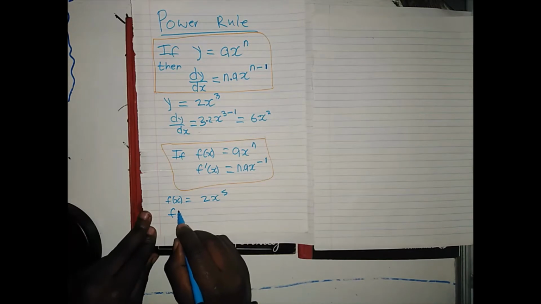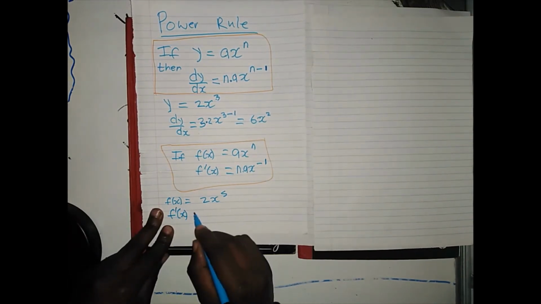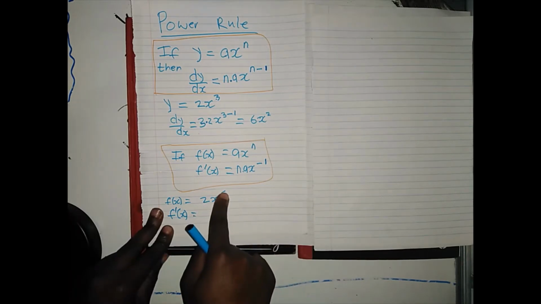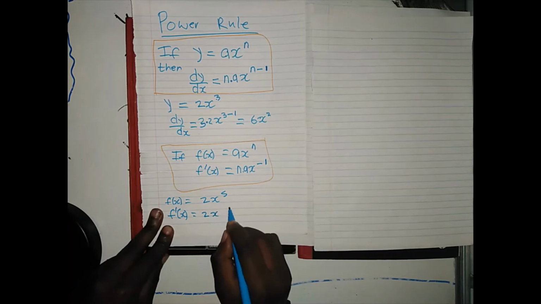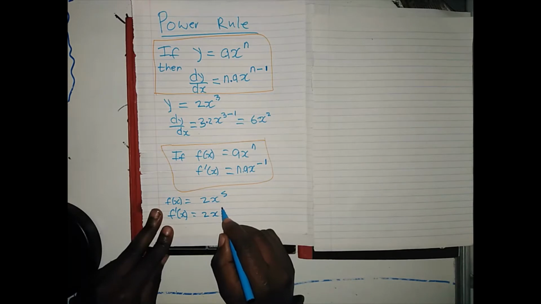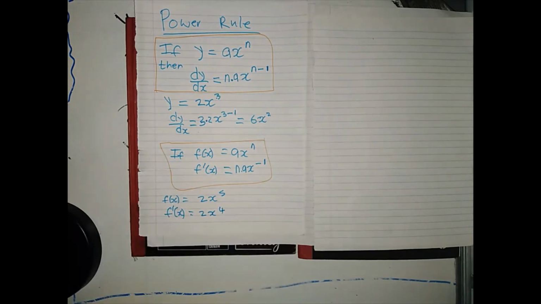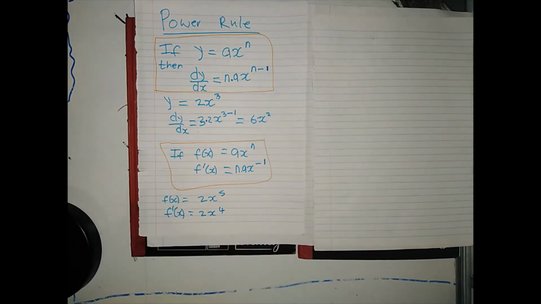Using the power rule, f prime of x, you take this power to this side, and then 2x, and then you take this power and minus it by 1, 5 minus 1, that is 4. All right. Wonderful. So you have found the derivative of this function using the power rule.